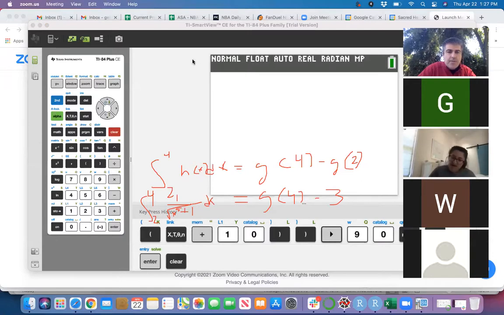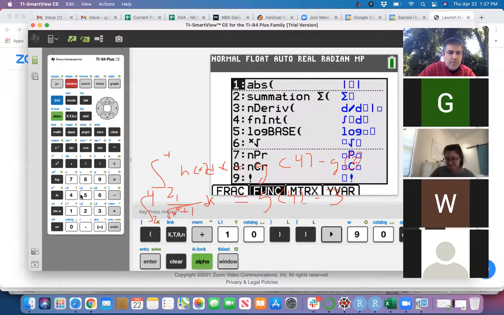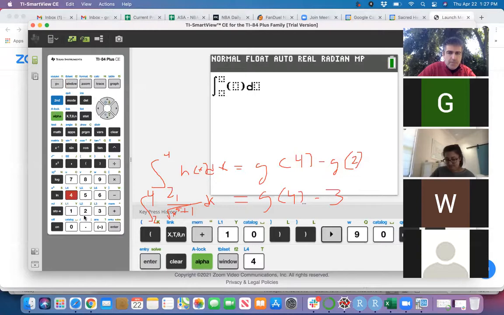So I'm going to let the calculator do its magic. I'm going to do the integral, alpha window, option 4, from 2 to 4.